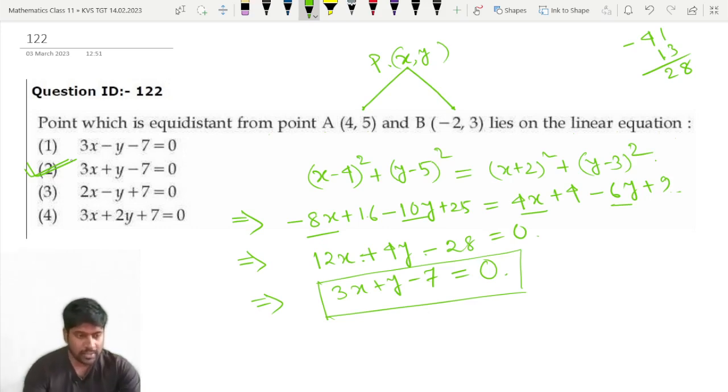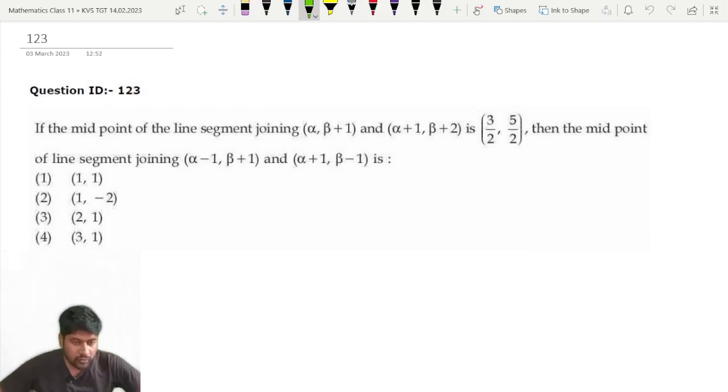Now let's move to the next question, question number 123. If the midpoint of the line segment joining alpha comma beta plus 1 and alpha plus 1 comma beta plus 1 is 3 by 2 comma 5 by 2, then find the midpoint of the line segment. So basically we have to find the values of alpha and beta.